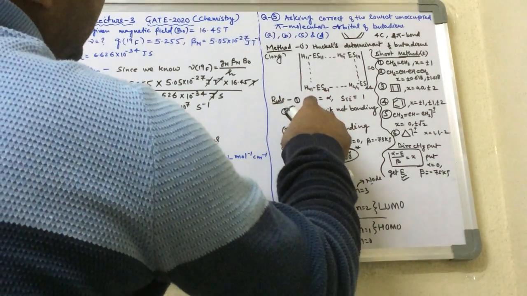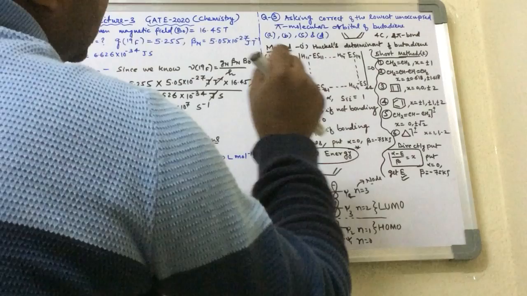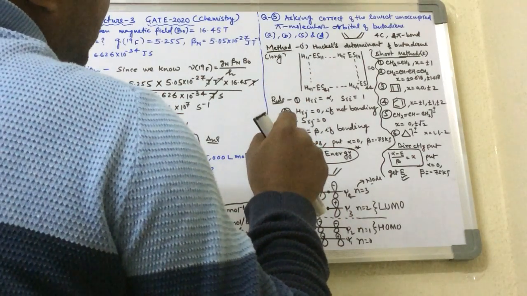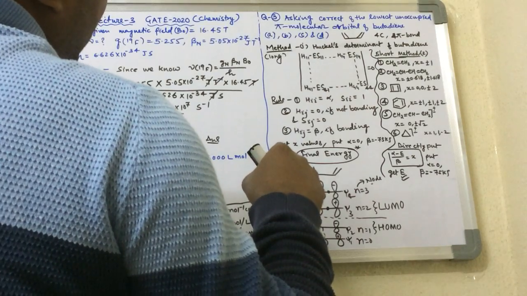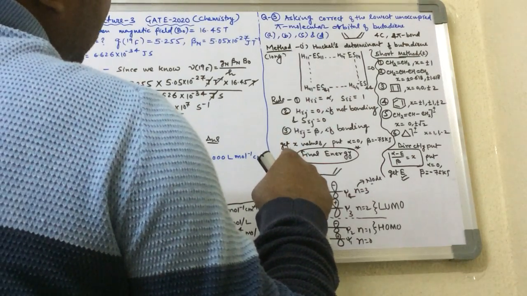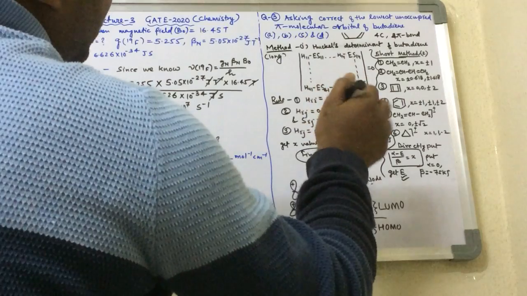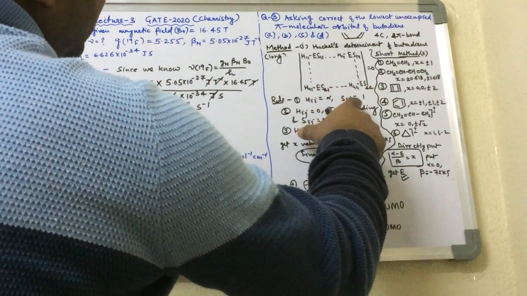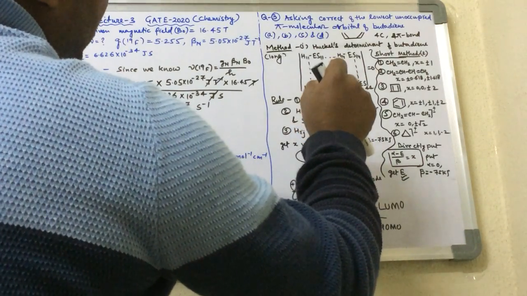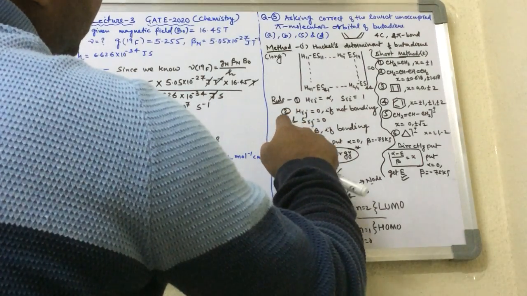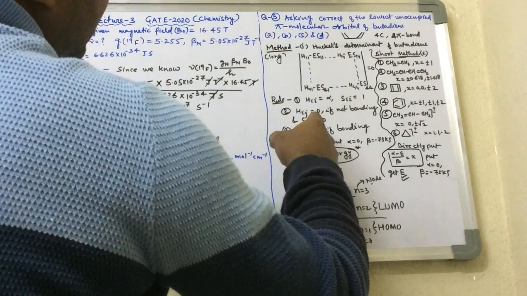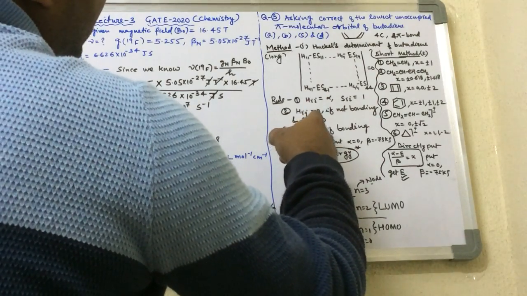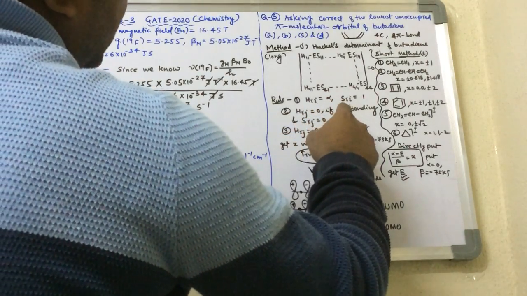If Hii, that is H11, has bonding, then we write alpha, and for S11 we write 1. But if it is different, i and j, then we write 0 if not bonding.